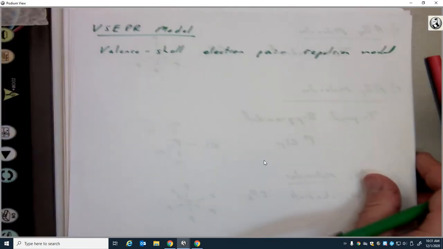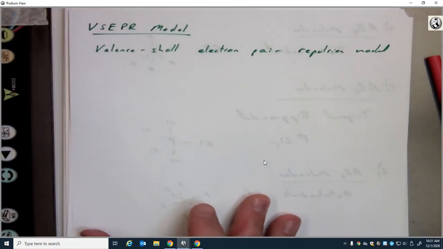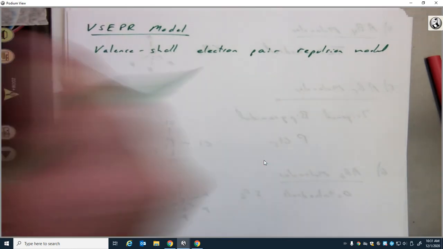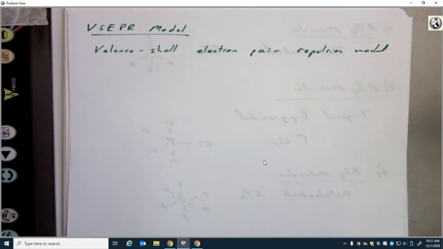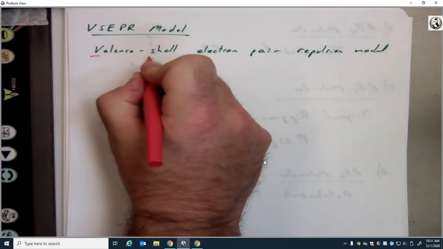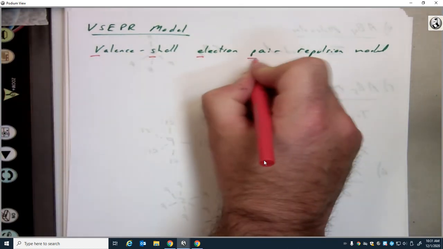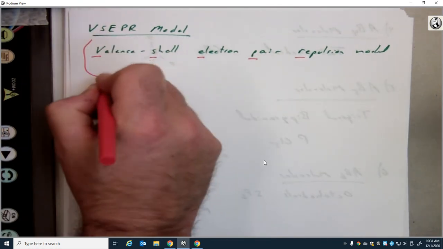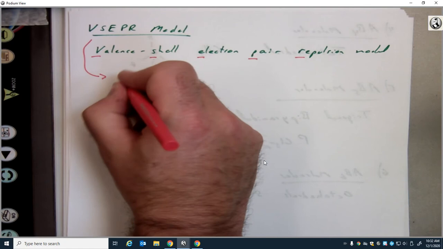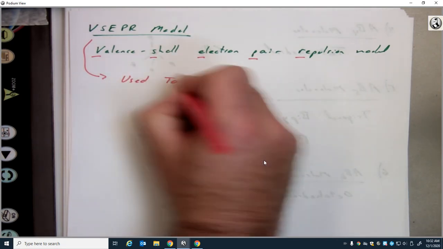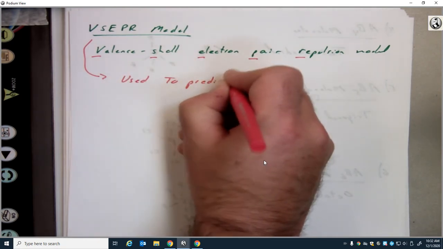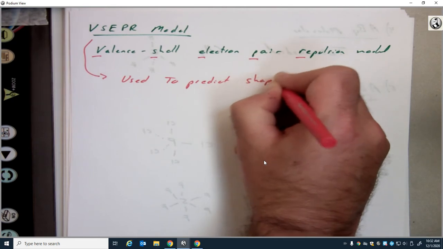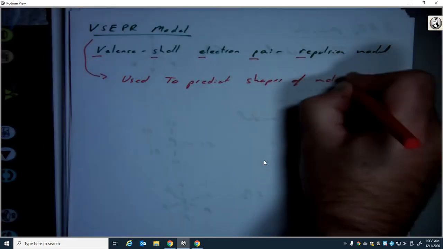Valence shell electron pair repulsion model. VSEPR. And this model is used to predict shapes of molecules.